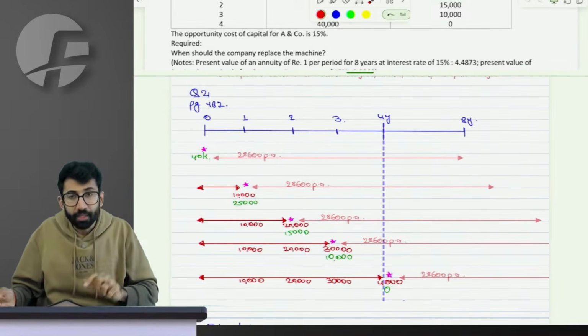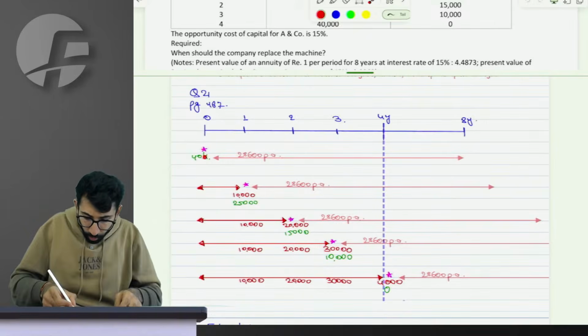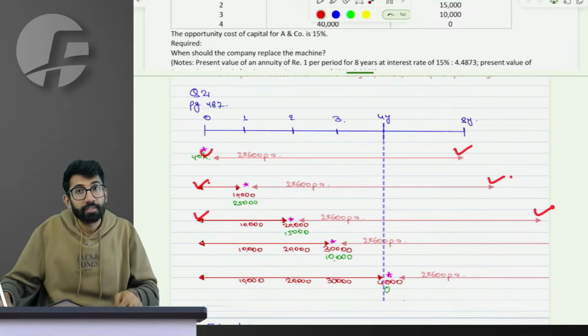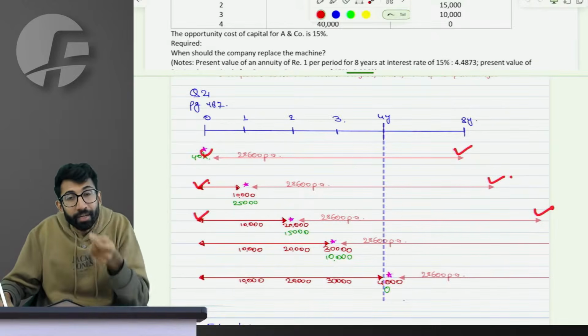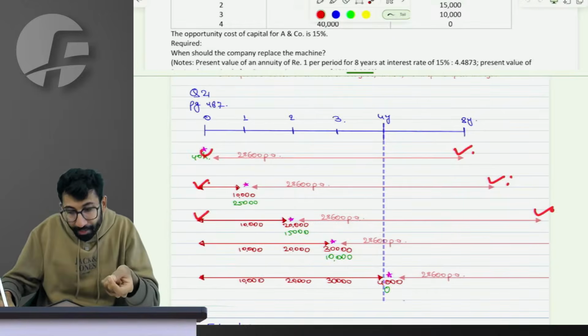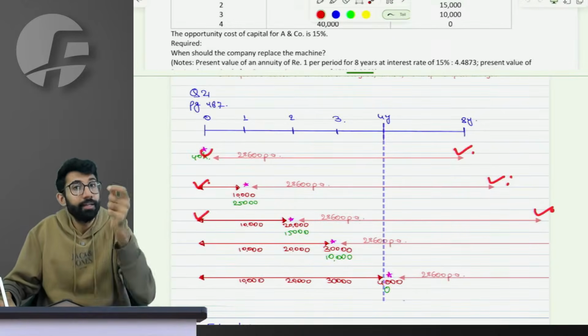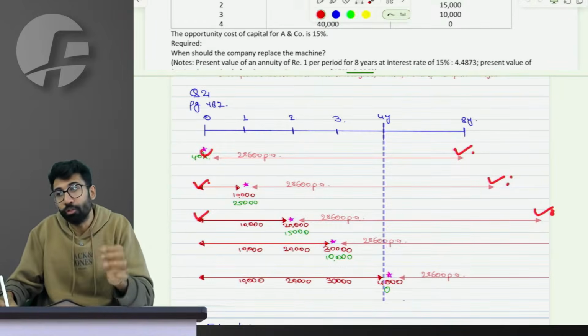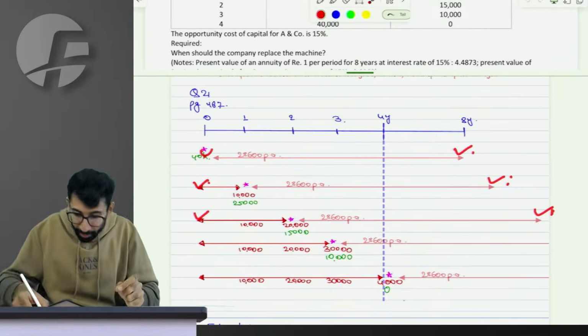A student asked me, sir, why don't you calculate the total cost of 0 to 8 years in this case, 0 to 9 years in this case, 0 to 10 years in this case, and then divide by the annuity factor of 8 years, 9 years, 10 years and so on to calculate the equivalent annual cost. That is also logical, but we have to follow what the institute does.